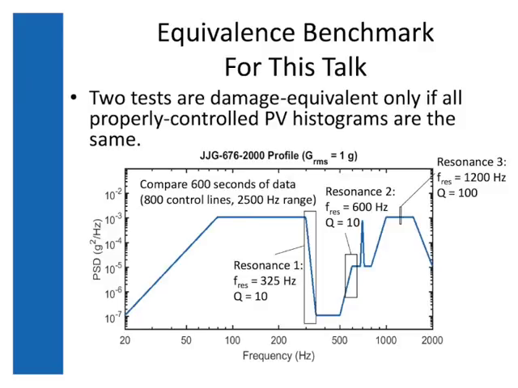and I'm going to specifically look at 3 products. One has a resonance at 325 hertz, quality 10, so it takes in most of that long drop down into the JJG well. Another takes the other side of that well, but includes the kink, and that'll be about a 60 hertz wide resonator. And then just to show that this isn't particularly quality dependent, I've got a very sharp resonator, quality 100, out at 1200 hertz.